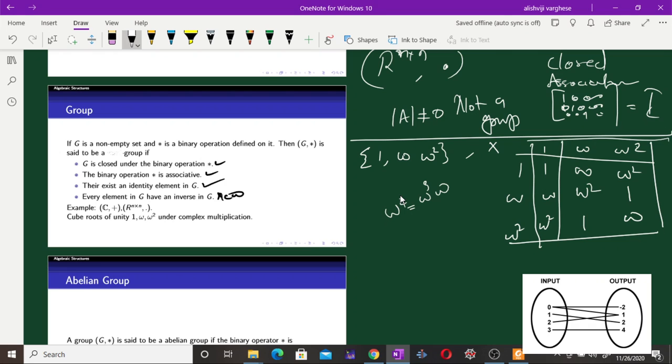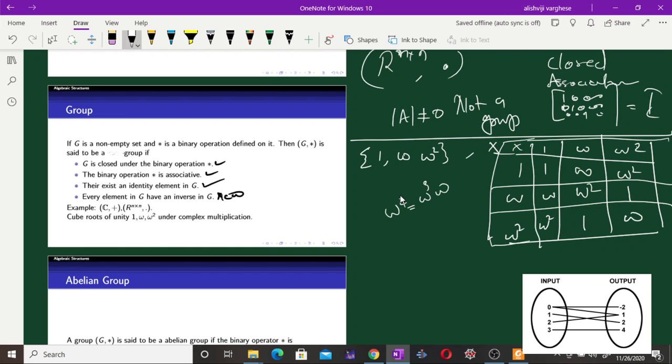So if we have a group which contains only a finite number of elements, then we can represent the group structure using a table. This is a simple table which represents a group containing only three elements, 1, omega and omega square.